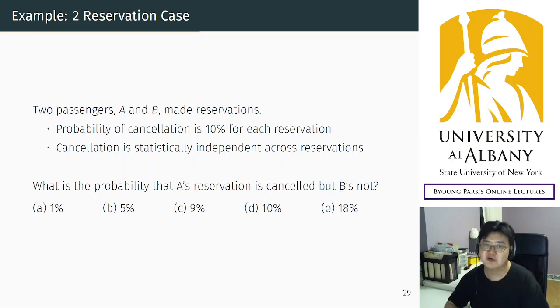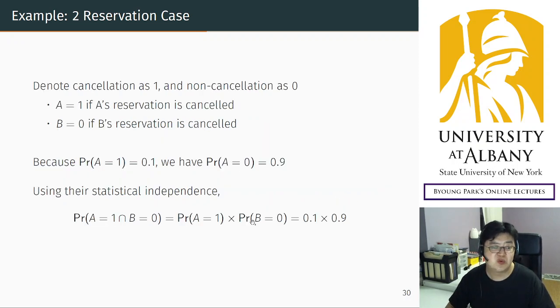Something has occurred, which means non-cancellation. So you have to take that event also into account. So this part is usually overlooked. That's why many students and many people are confused with binomial distribution. That's the first point.